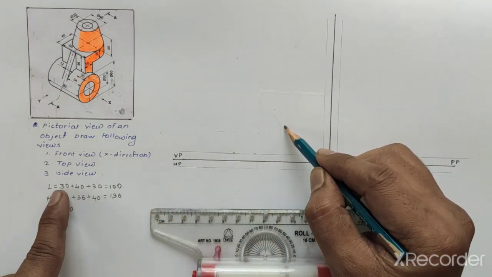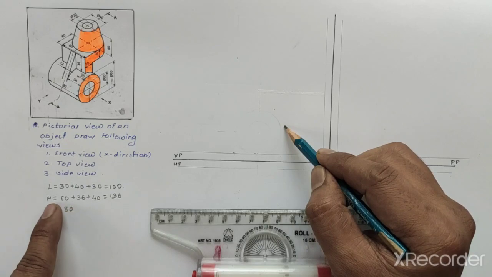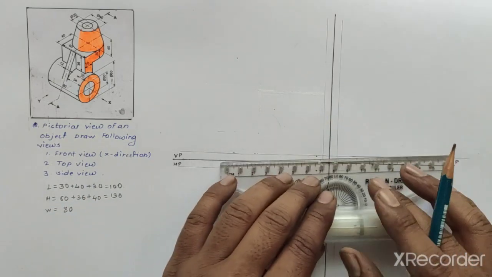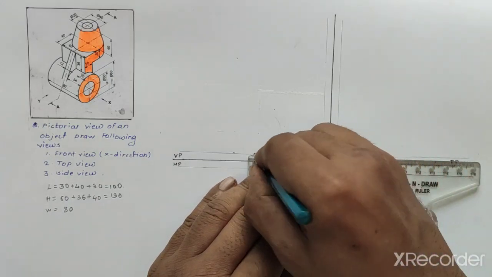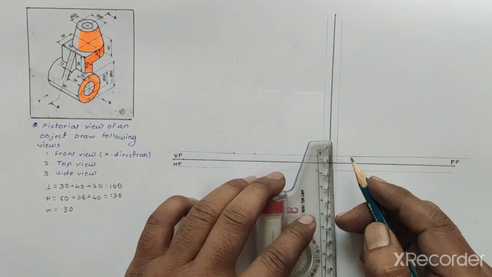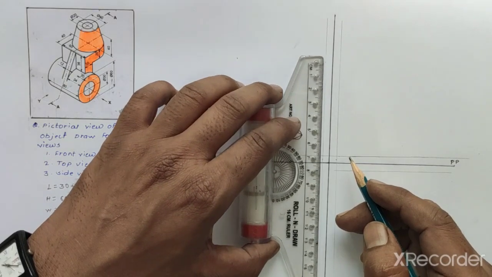Then we start with the front view at this place. Initially we mark the 100 mm length and height 136. So first mark the 100 mm and height 136 mm.